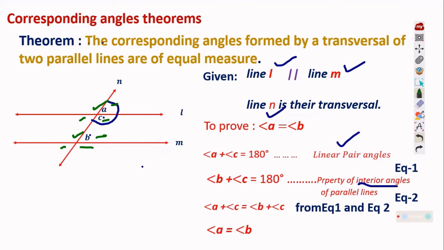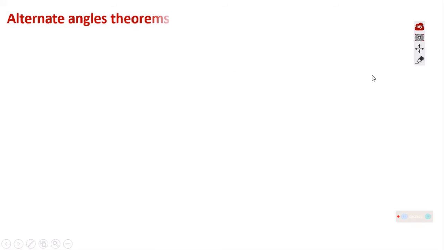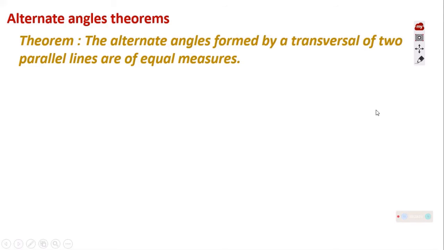Okay. Let us move ahead. The next one is the alternate angles theorem, on either side of the transversal. Alternate angles formed by a transversal of two parallel lines are of equal measures.